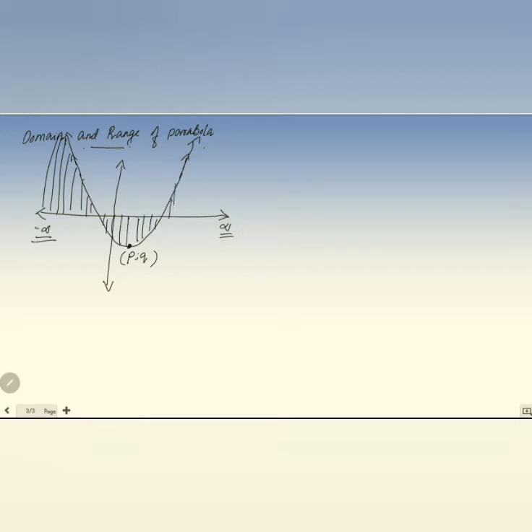I am just taking all the points and looking, see, it is going towards infinity. You see that? All the x values from minus infinity to infinity. So we can write it like this. For all parabolas, whether concave up or concave down, the domain is from minus infinity to plus infinity. You can write it like this, or you can write minus infinity less than x less than infinity.